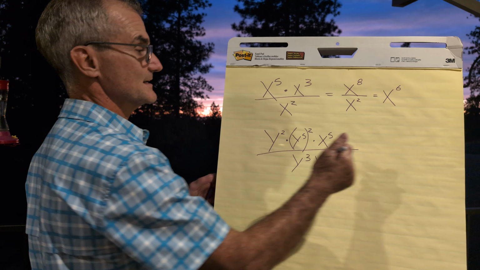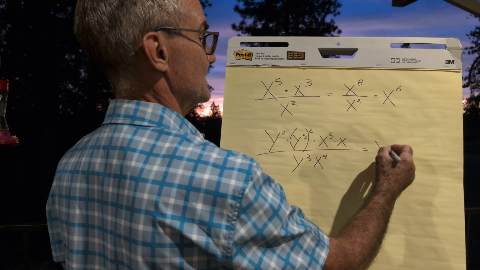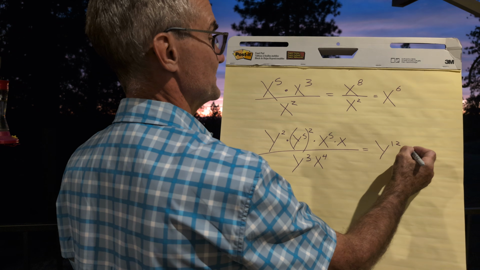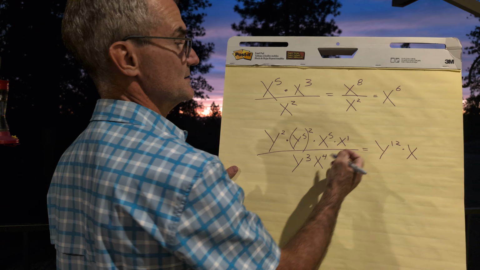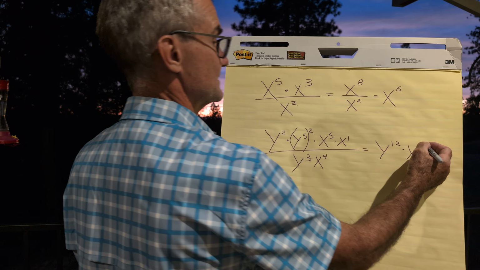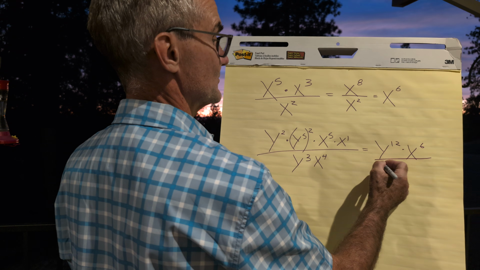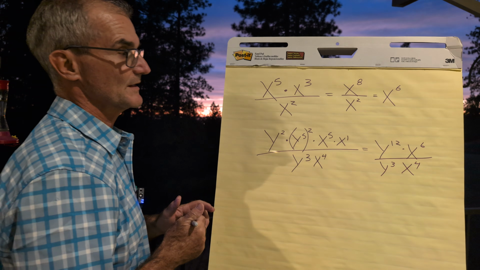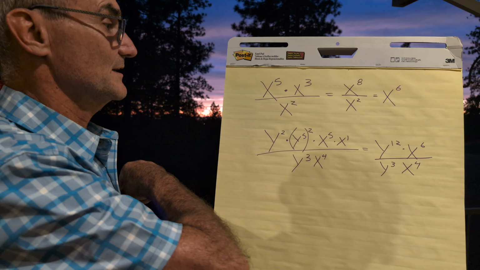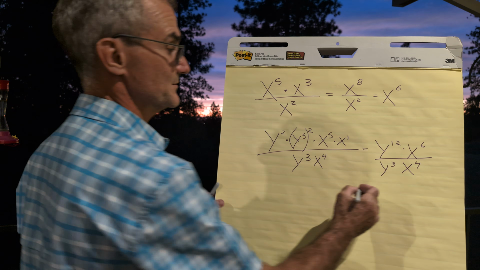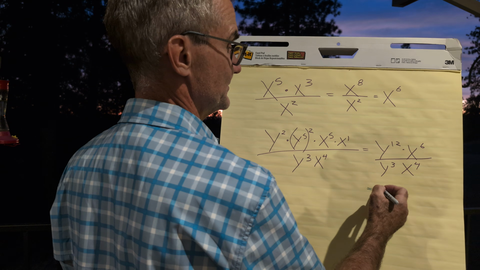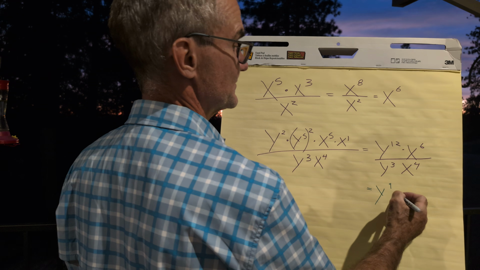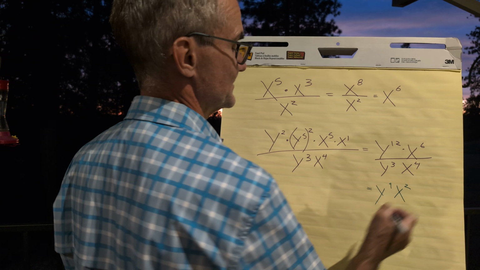Then I'm going to add these together to get y to the 10 plus 2, giving me y to the 12th, times x. This is a 1, right? Nothing's written, so it's implied, 1 plus 5 is x to the 6th, all over y to the 3rd, x to the 4th. Now I'm going to use the quotient rule of exponents. Remember to subtract them: 12 minus 3, y to the 9th, 6 minus 4, x squared.